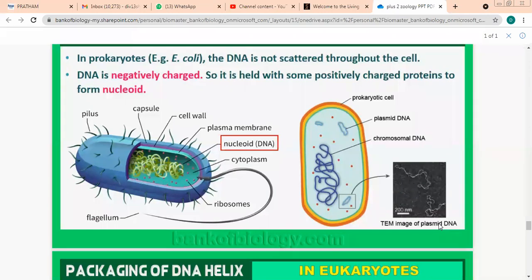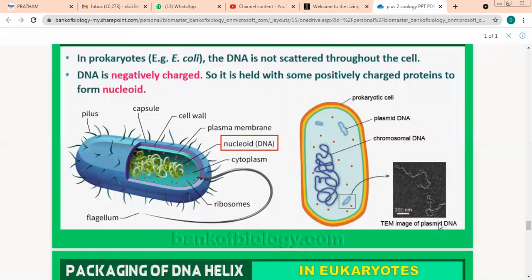Let us talk about the same arrangement in eukaryotes now. In eukaryotes, there were 8 histone proteins, and together they are called the histone octamer.